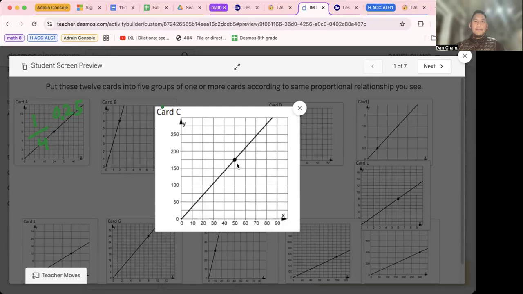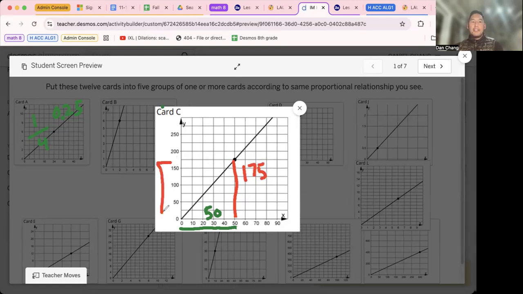Card C, again, pay attention to the scales. So here we have 50. That is my horizontal distance. And then here, we have 0, 25, 50, 75, 100, 125, 150, 175 is my vertical distance.